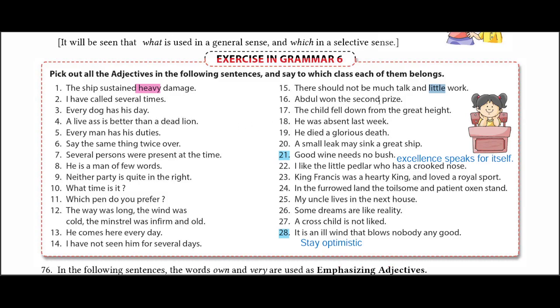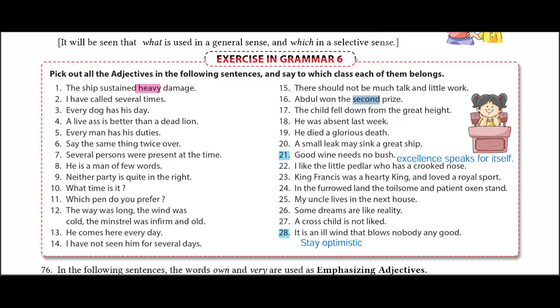Abdul won the second prize. Prize is a noun, and second is telling us which prize? Second prize. It is an ordinal. It tells the exact order of the series. So second is a definite numeral adjective and is an ordinal. The child fell down from great height.